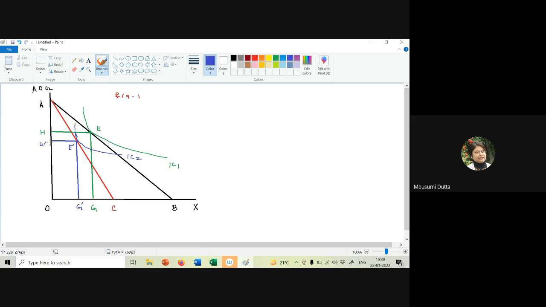Add: the consumer purchases OG prime, which is equal to H prime E prime, of X at the price represented by the slope of AC.